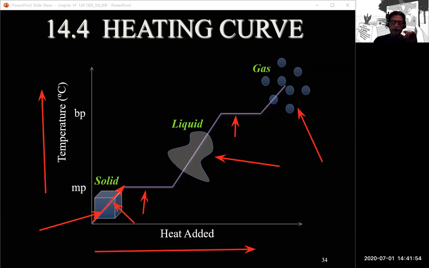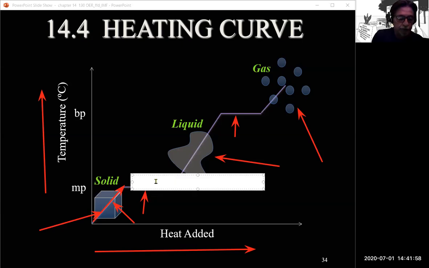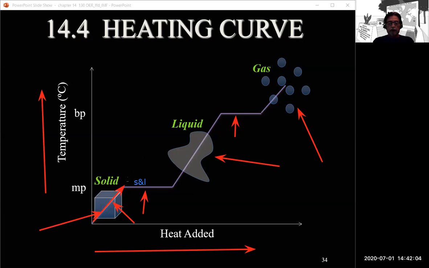So we got a mixture right here of solid and liquid on the plateau. Note that the temperature remains constant.